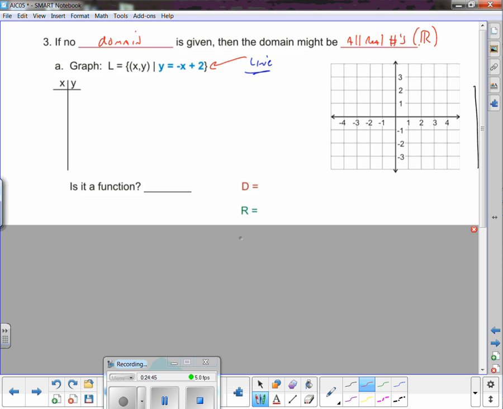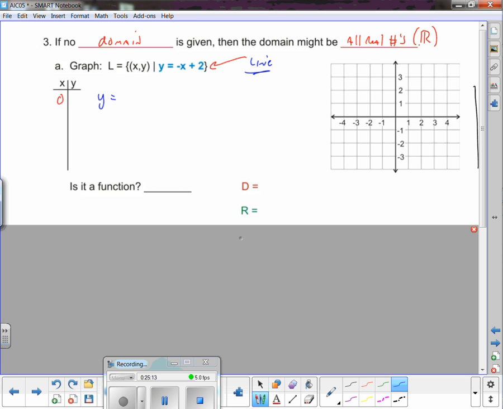Now, you get to choose. You can choose any values for the domain you want. If I were you, I wouldn't choose like 30, because you're going to need a big Cartesian plane. You can choose any three values of the domain you want because everything is possible, right? It's all real numbers. The best one, and I always would use first, is 0. 0 is great to use for the domain.